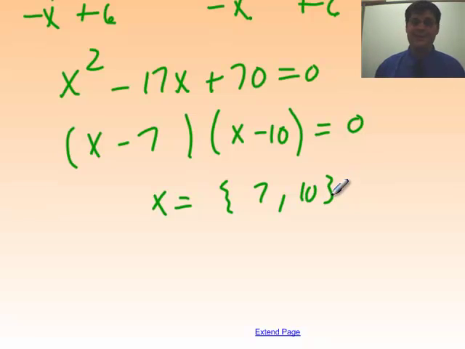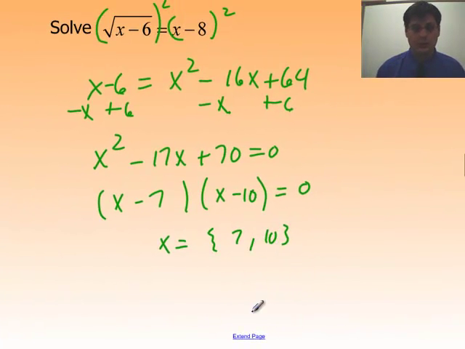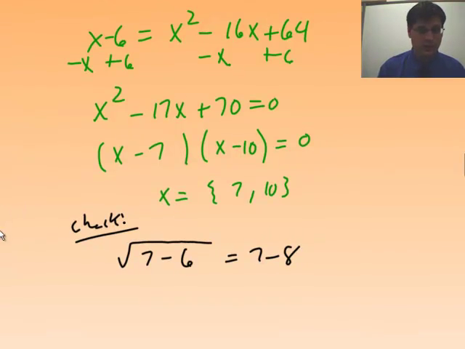But wait, we don't stop there. Because we have a square root here, a radical, we need to actually test our solutions. We really do need to substitute these in and see if they work. So that's going to be the square root of 7 minus 6, which should equal 7 minus 8.